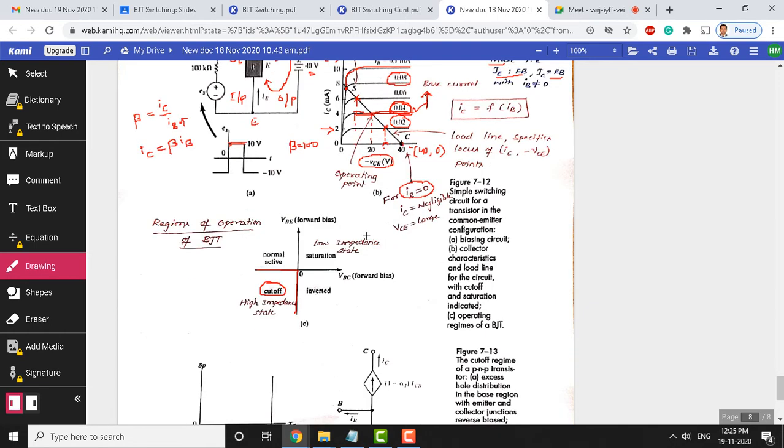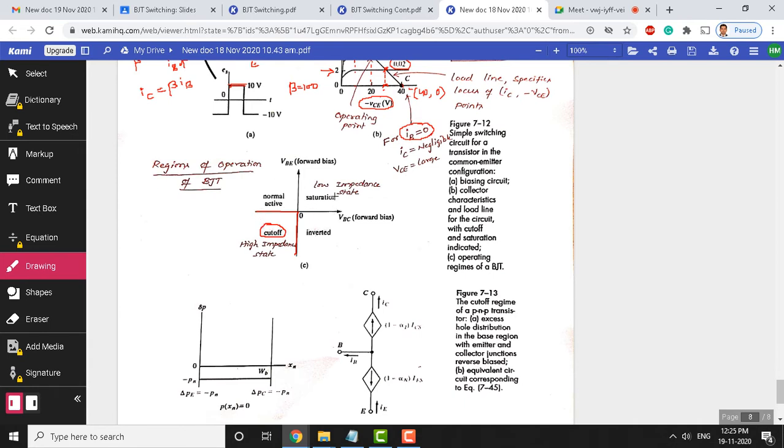So these are the various regions of operation we have seen in the last class. This is the cutoff region and the saturation region. Normal active mode and inverted mode are opposite if you observe here. In normal active mode, the emitter-base junction is forward biased and the collector-base junction is reverse biased, and in the inverted mode it is totally opposite.